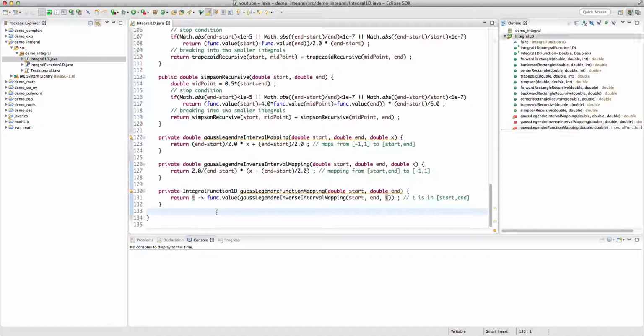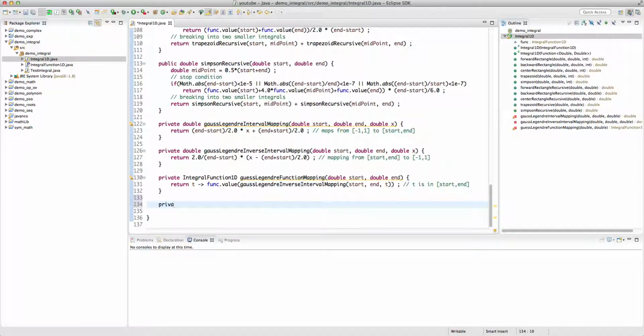And then what we do here, we calculate the integral of this at -1 to 1, so private, basically double Gauss-Legendre, let's call this -1 to 1 interval, double start, double end.